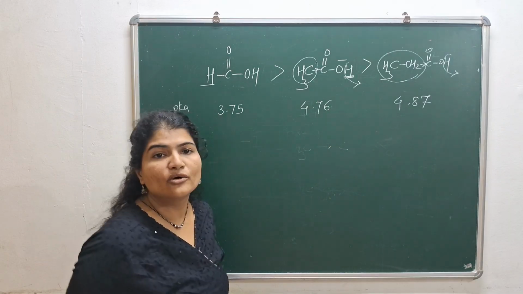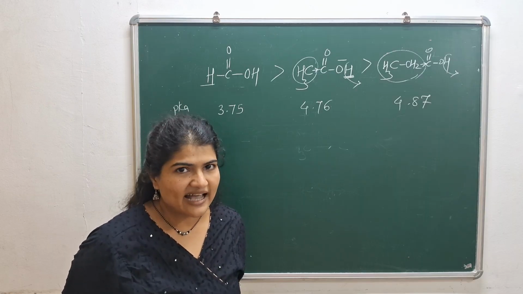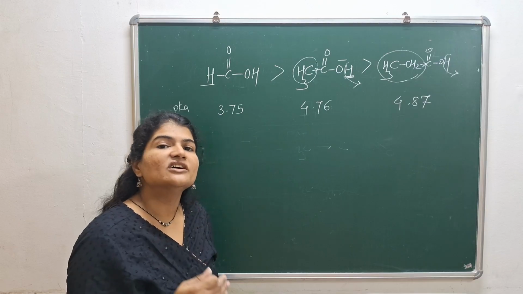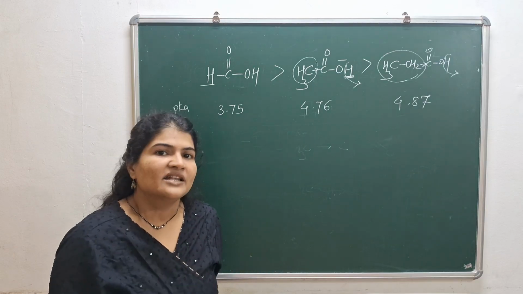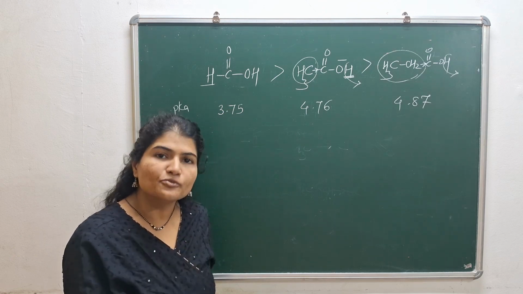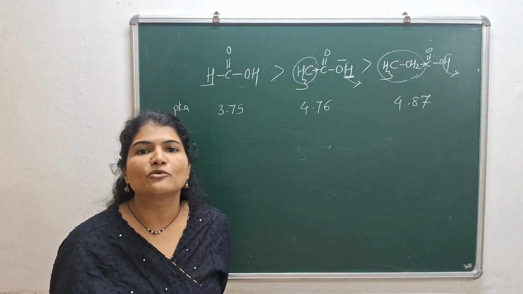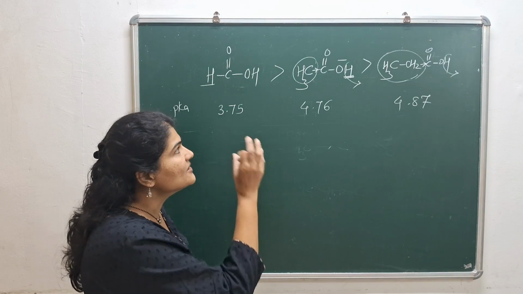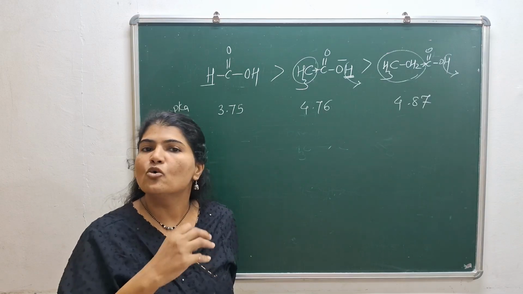So this is how we are going to interpret the acidity of carboxylic acids whenever electron releasing groups are attached. We can safely say that electron releasing groups decrease the acidity of carboxylic acids, and as the positive inductive effect goes on increasing, the acidity goes on decreasing.